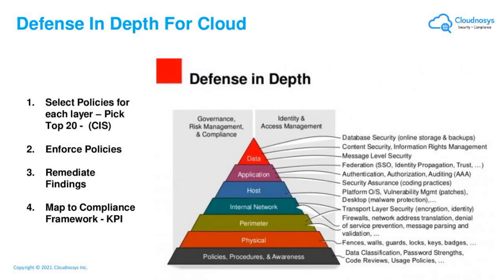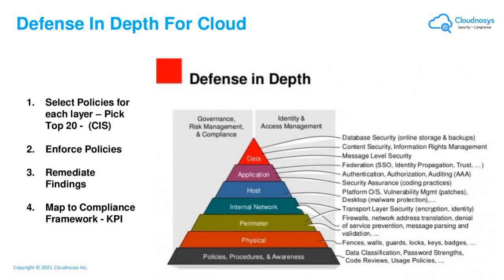Okay, that's been taken care of by your cloud vendors. But everything else above that, networks and host and application data and policy procedure processes still falls under you. And certainly you have to have a governance risk management process around these. And all of these layers are controlled by IAM, Identity and Access Management, on the cloud, right?